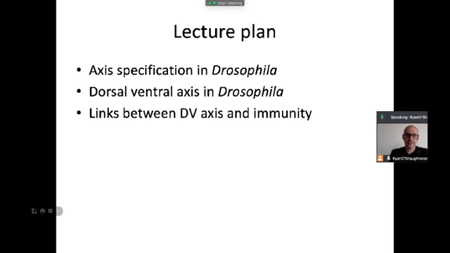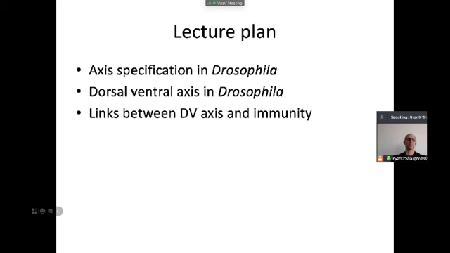So that's the end of this lecture. What did we find out? We found out that not only the anterior posterior axis but also the dorsal ventral axis is specified by deposition of the Gurken RNA in the dorsal region of the oocyte. And then we also looked at how dorsal and ventral fates in Drosophila are flipped compared to those in Xenopus, and we could tell this by where the expression of decapentaplegic was in Drosophila embryos compared to BMP in Xenopus.